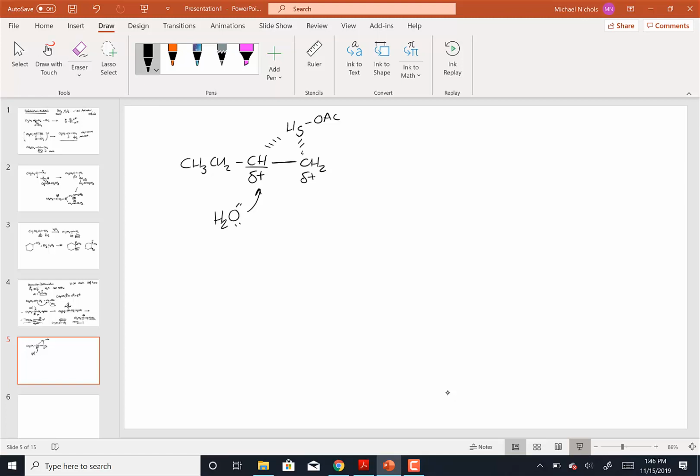So the water's going to add underneath, the mercury is going to slide over, and now the water, which is going to become OH, and the mercury, which is going to become H, are 100% trans. So this triangular intermediate is going to give us 100% trans. And any triangular intermediate, and we'll do one more of these on Monday, will always give 100% trans, because when you have the triangle, the other group has to add from underneath.